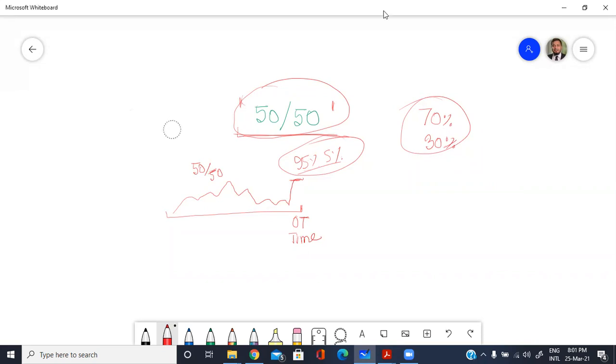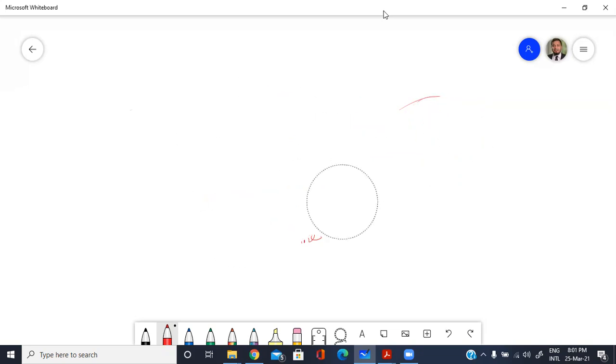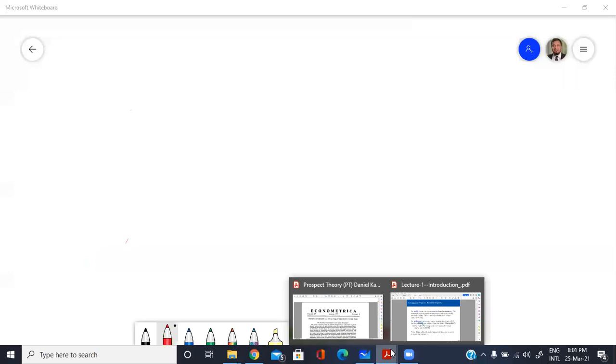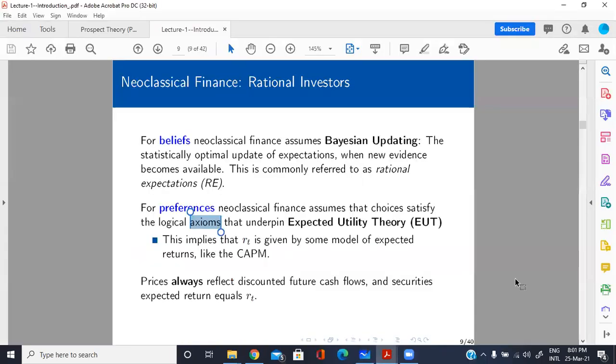That is very likely because they are not Bayesian doctors. Have you got the statement? They are not Bayesian doctors. Even when new information has appeared, they are not very likely to use Bayesian technology to update their probability.